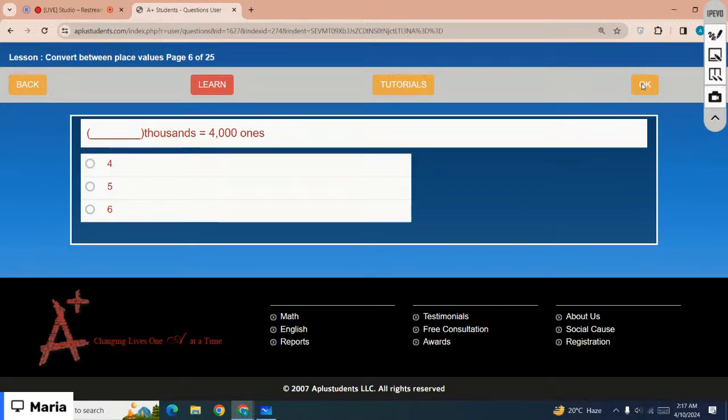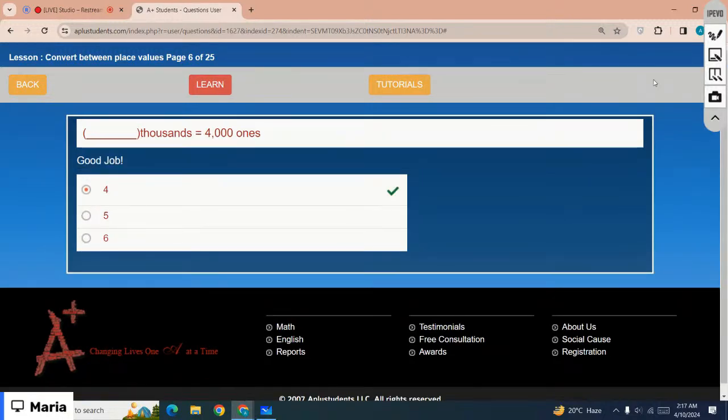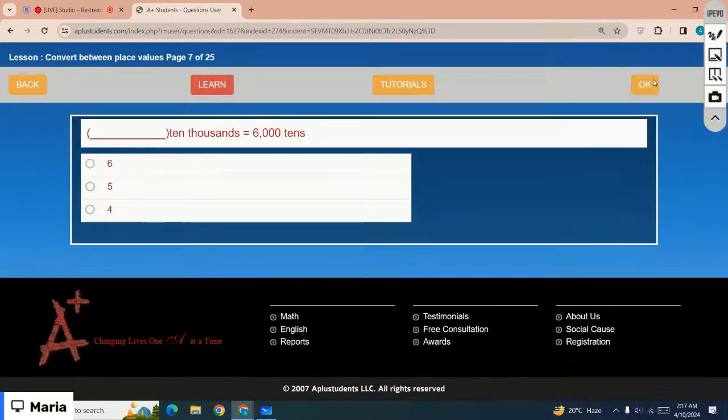4,001 equal. Yes, the correct option is 4,000. Option number 1 is the correct option. 6,000 tens equal how many 10,000s?